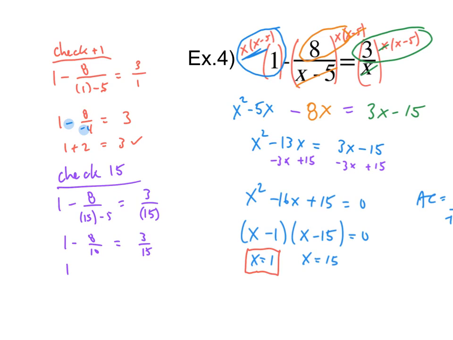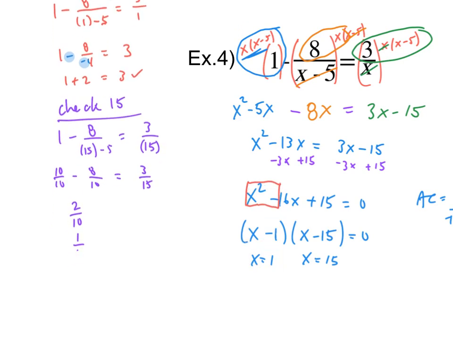So there are 10 tenths in 1. So that'd be 10 tenths minus 8 tenths would be 2 tenths, which is equal to 1/5. And then, of course, 3/15 reduces down to 1/5. So they both work.